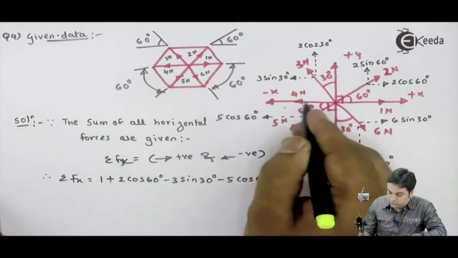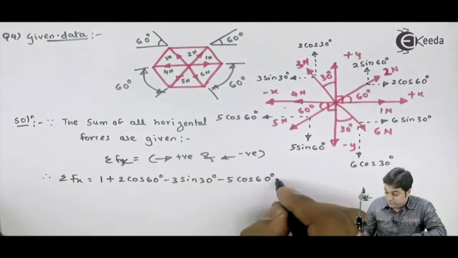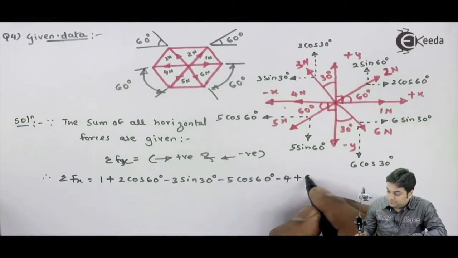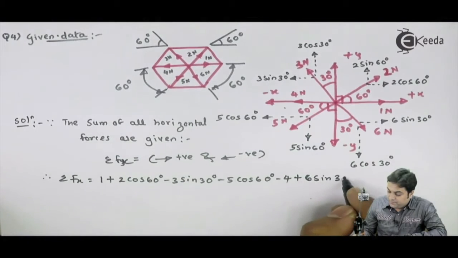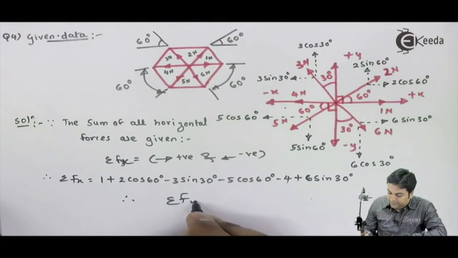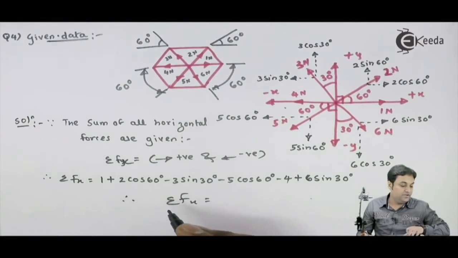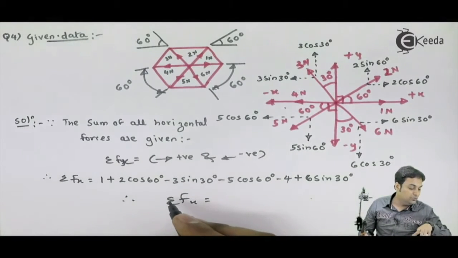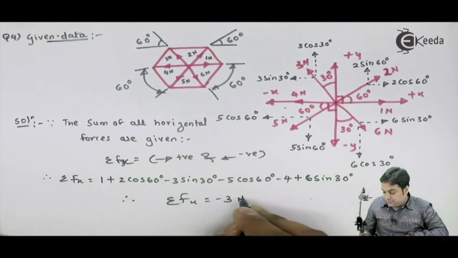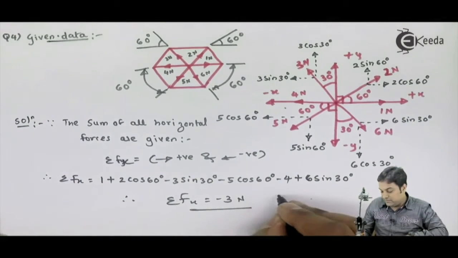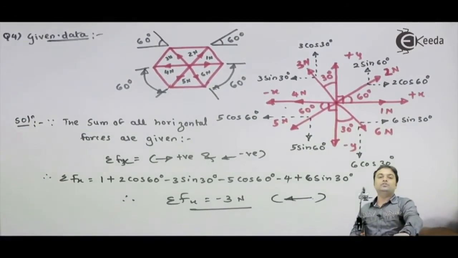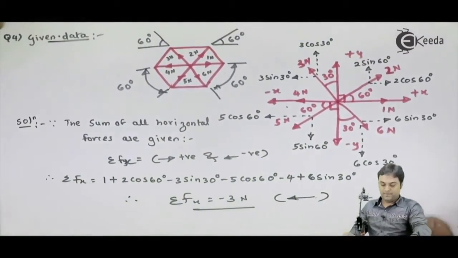Then 4 Newton is also a horizontal force towards left, so minus 4. 6 sin 30 is positive towards right. If I calculate these values carefully, summation Fx comes out to be minus 3 Newton. Minus indicates that it is towards left.